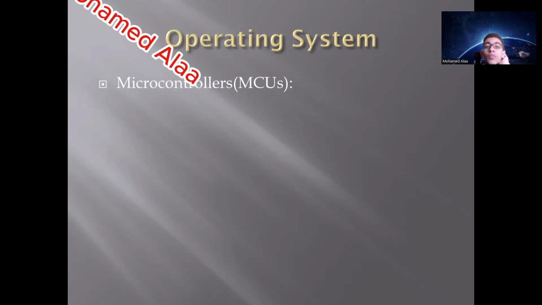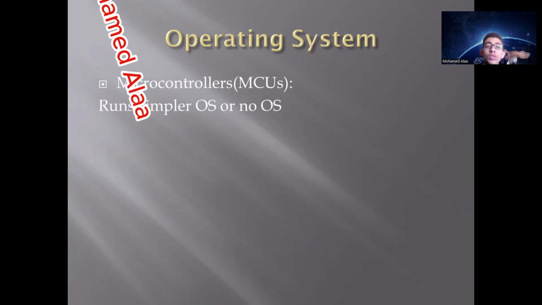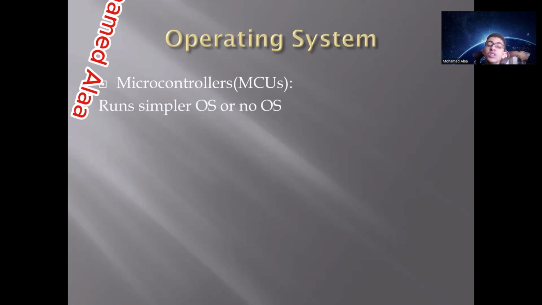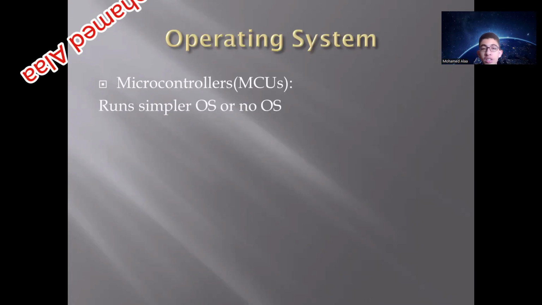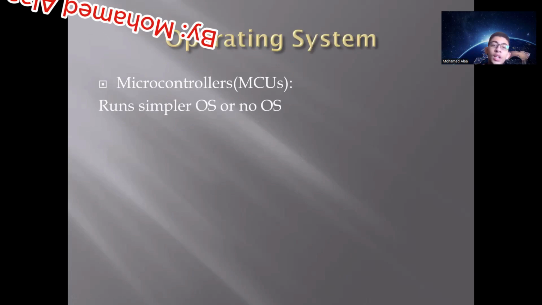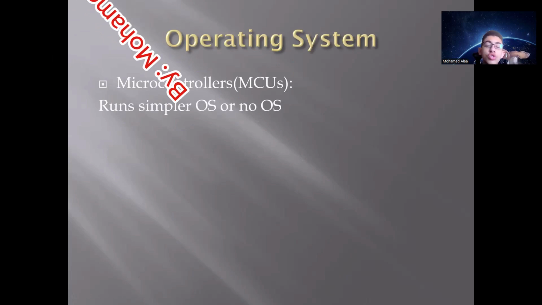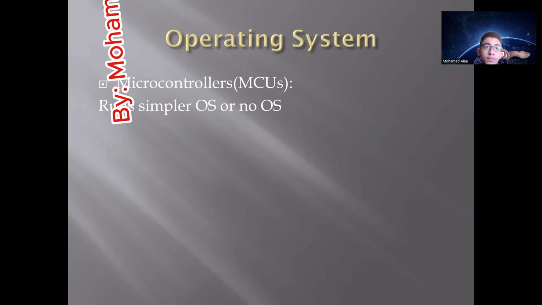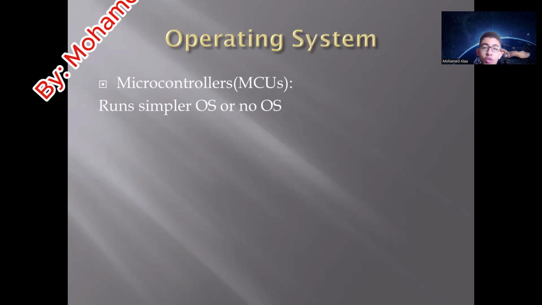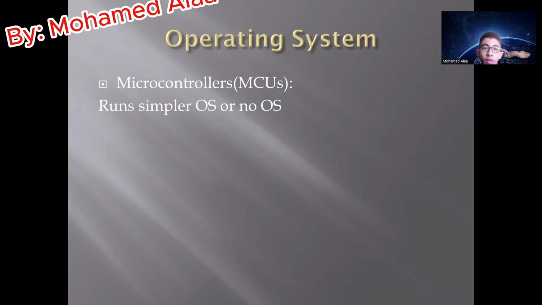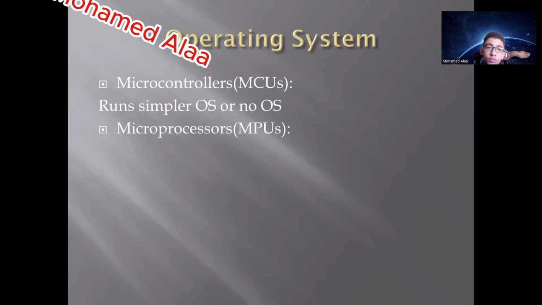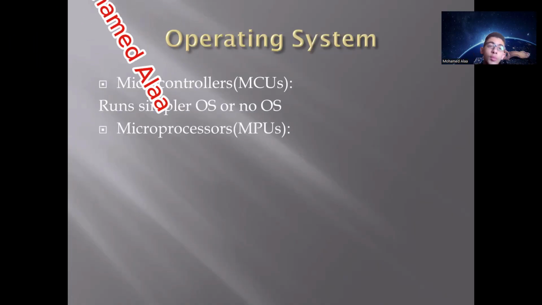Operating systems. Microcontrollers run on a simpler OS or don't even need an OS. The microcontrollers don't need an OS because they don't need too much power. Like, the OS consumes a lot of power. But what about the microprocessors?